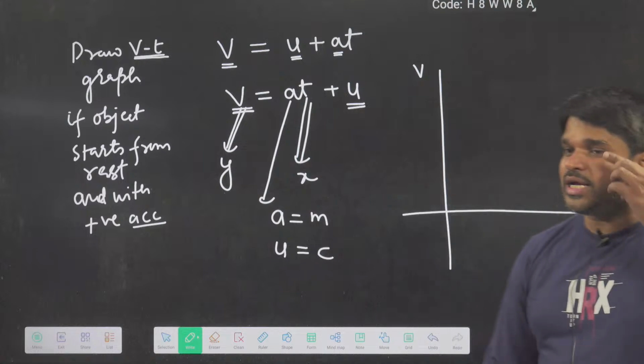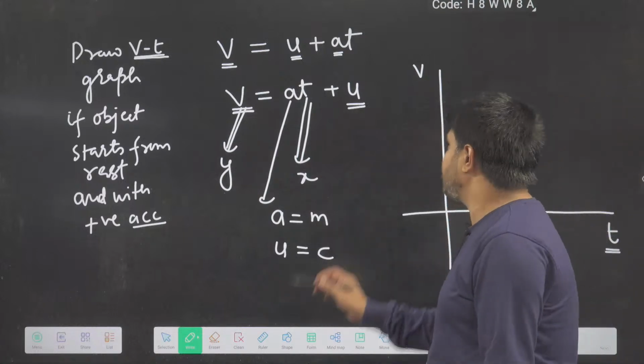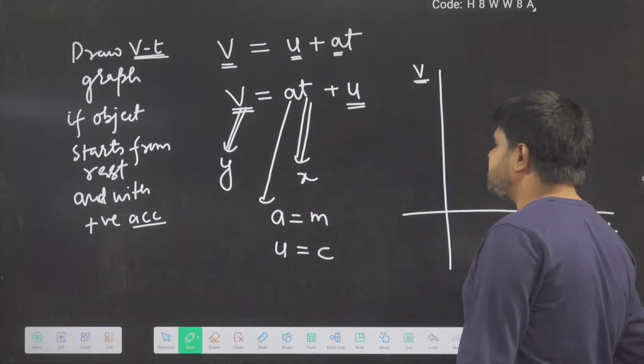Object starts from rest and with positive acceleration. So I have to draw the V versus T graph.